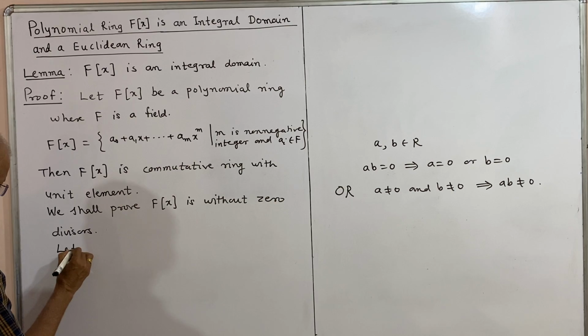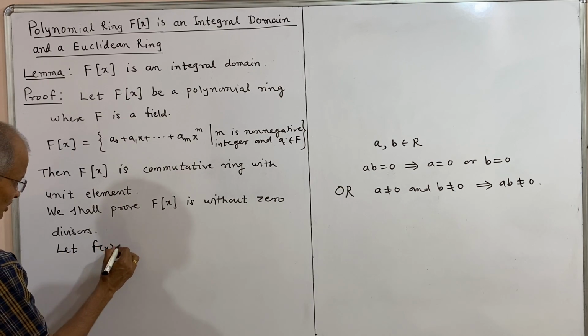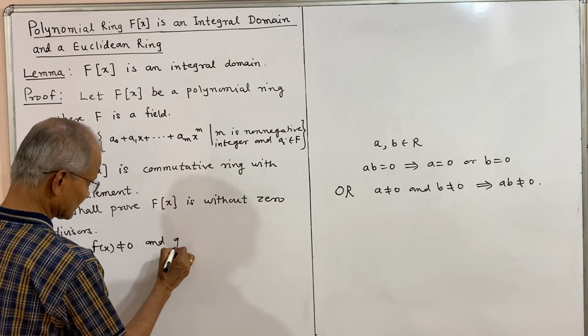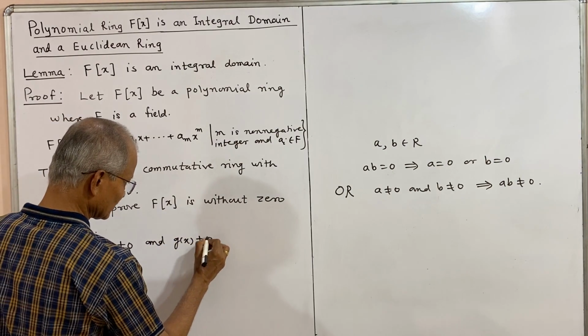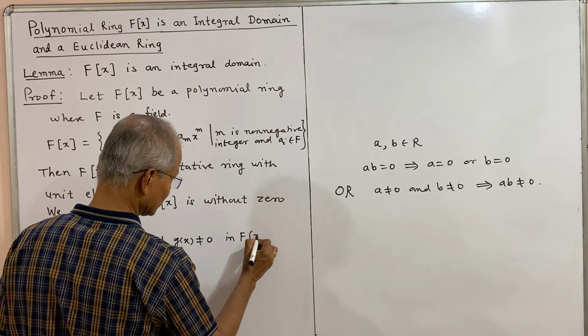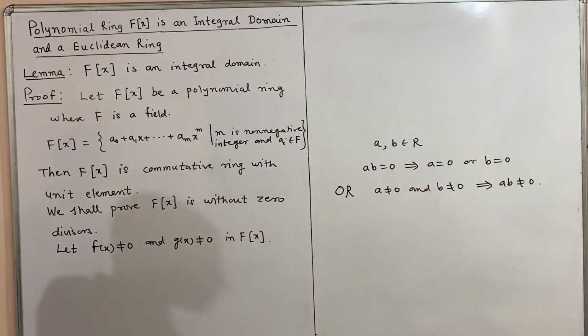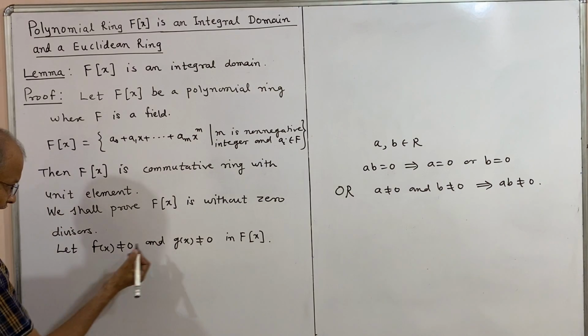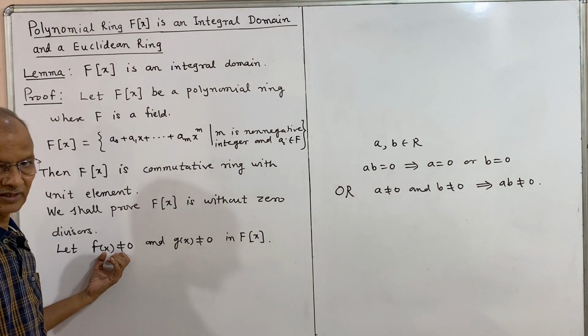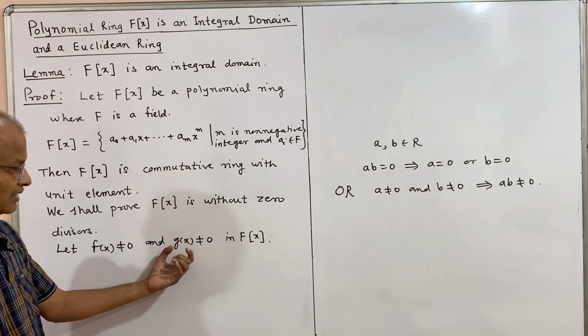So, let f(x) not equal to 0 and g(x) not equal to 0 in F[x]. Further, because these are non-zero polynomials, we shall assume the degree of f(x) as m and degree of g(x) as n.